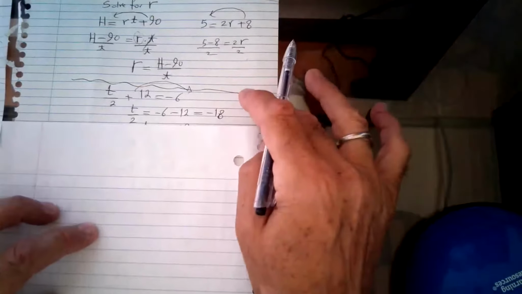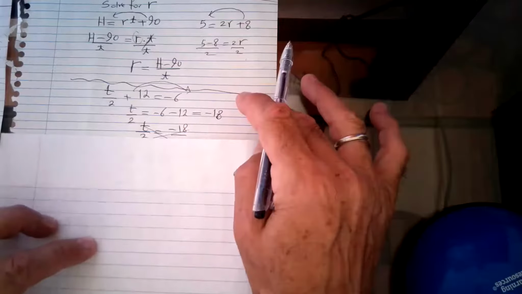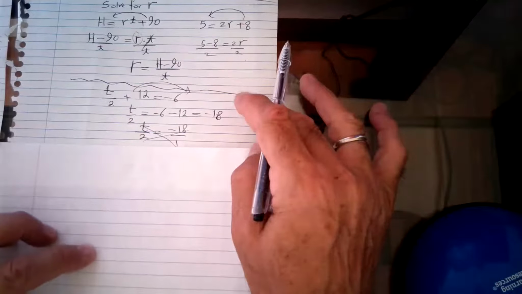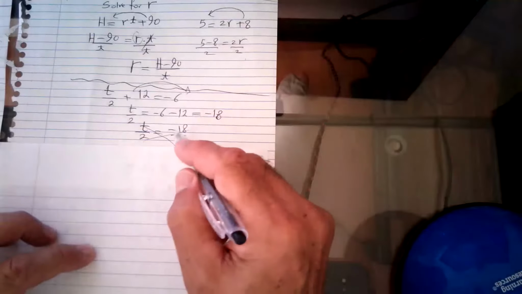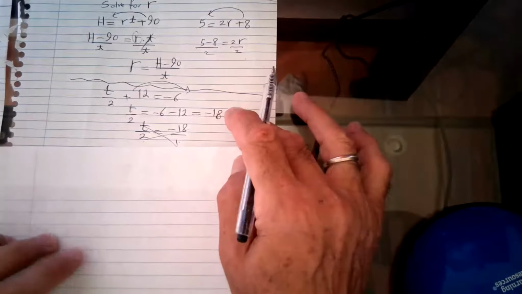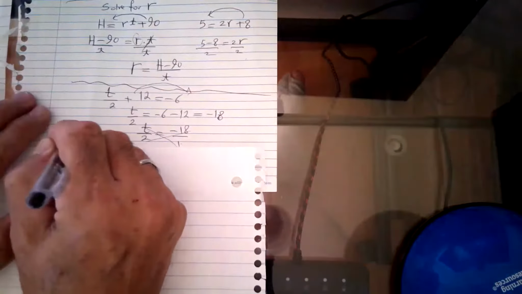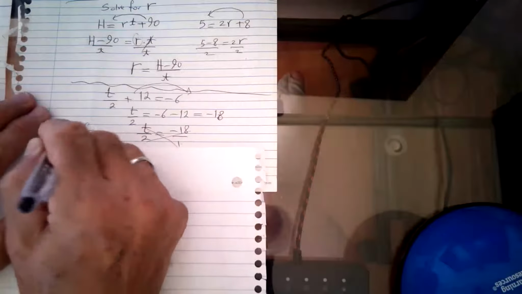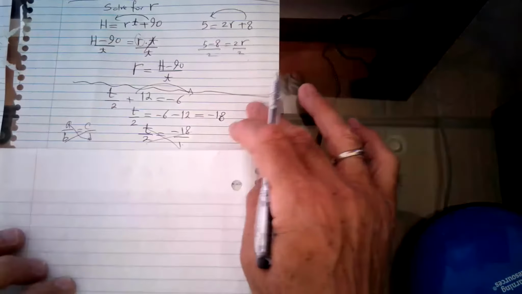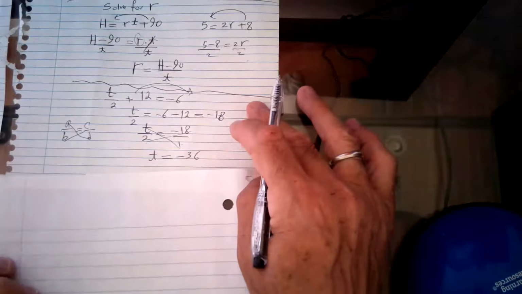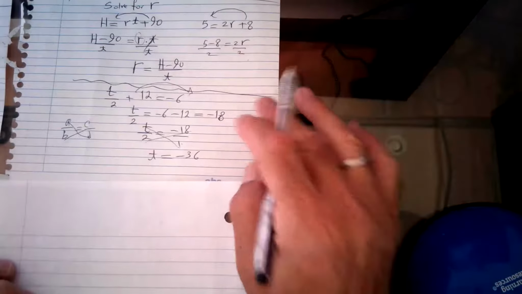And then, instead of minus 18, see, this is what I have so far. Instead of just minus 18, I give it a denominator of 1 and make it a fraction. Then I think of that formula: if you have two fractions equal to each other, then you do cross multiplication. So t multiplied by 1 is 2 times minus 18, which is minus 36.